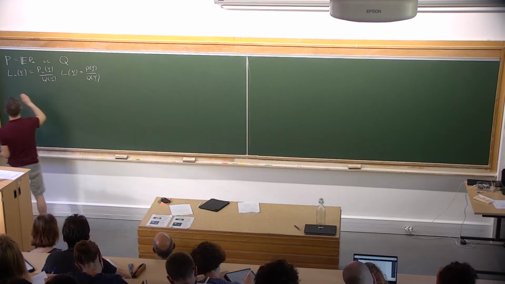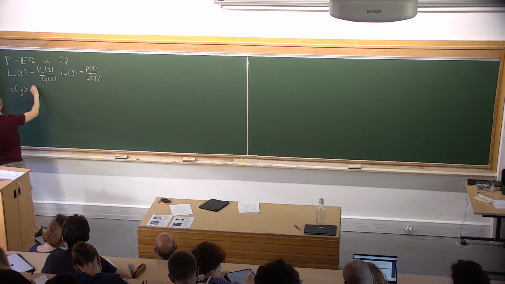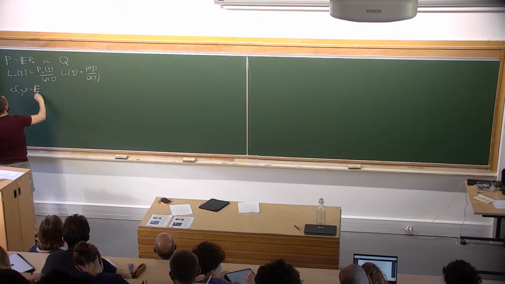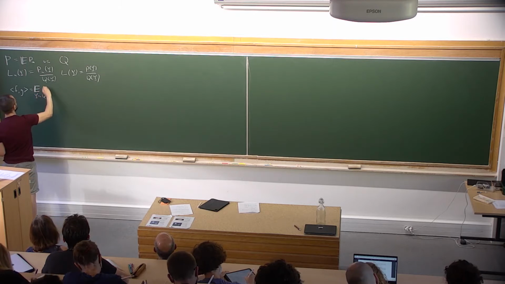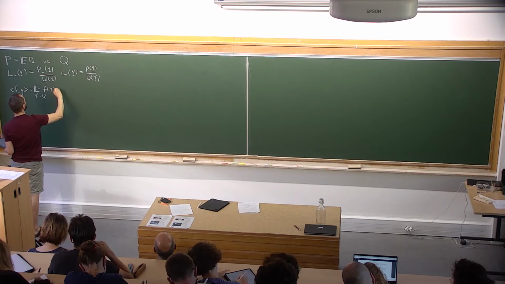We define this inner product, right? <f,g> is the expectation over y from Q of f of y times g of y.